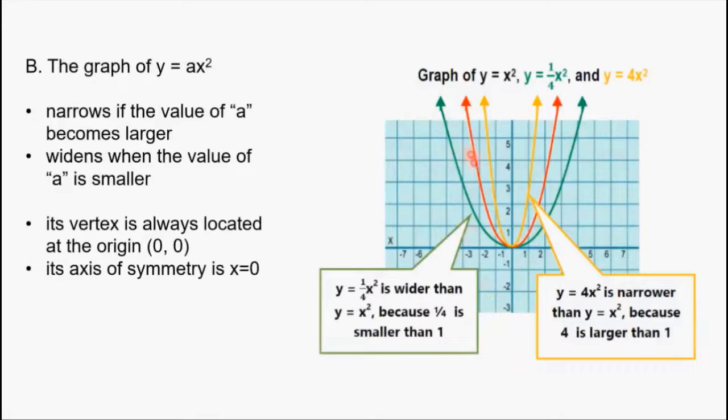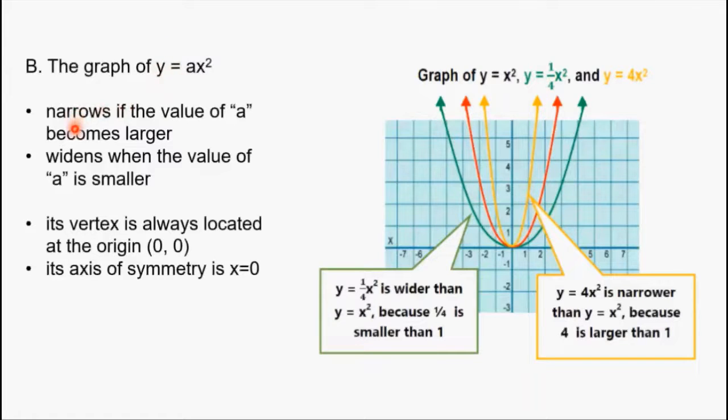The graph of y is equal to ax squared. Ito yung red na parabola na nandito sa gitna. Take note that its vertex is always located at the origin 0, 0, and its axis of symmetry is at x is equal to 0. Malalaman mo din gamit ang value ng a kung gaano kalapad ang ating parabola.